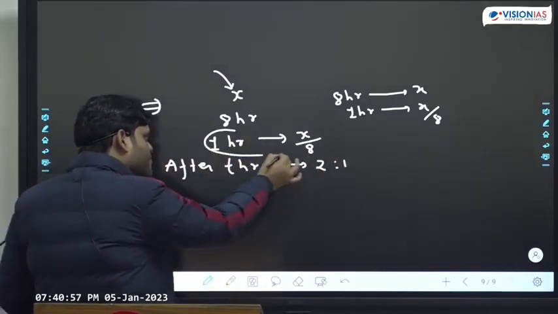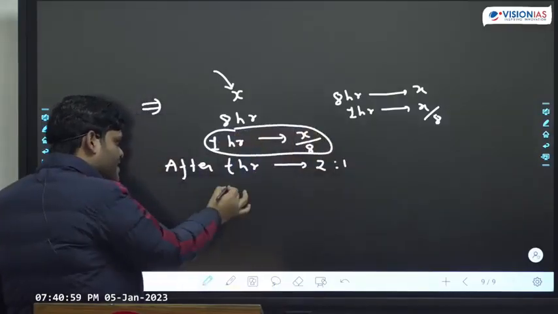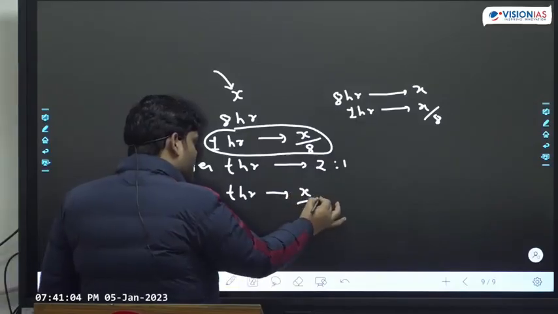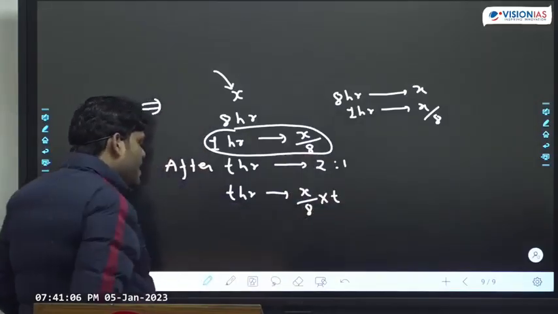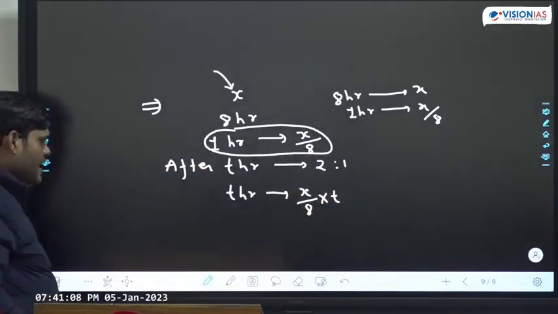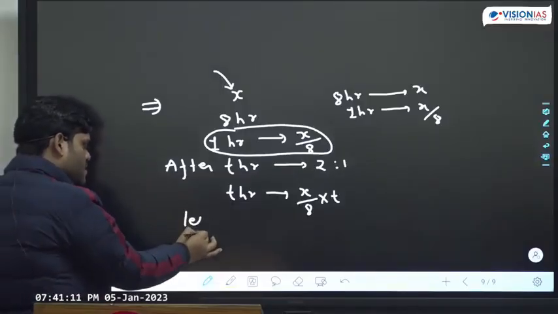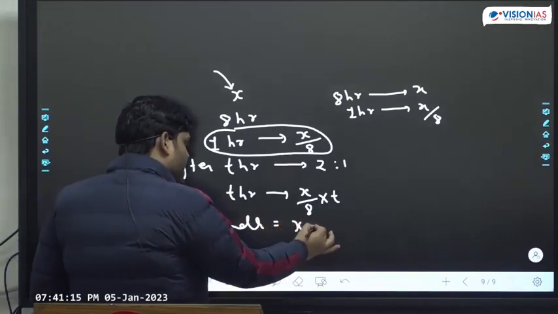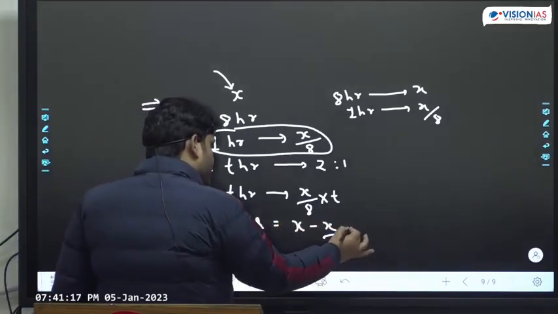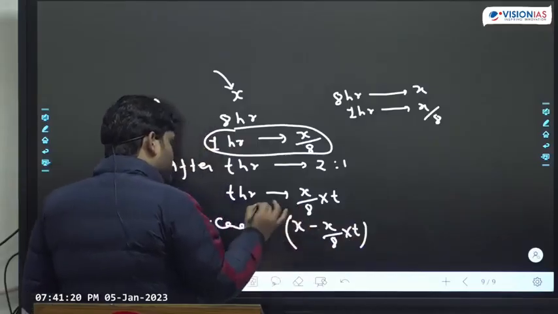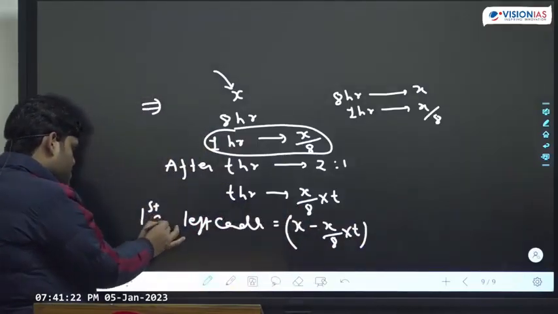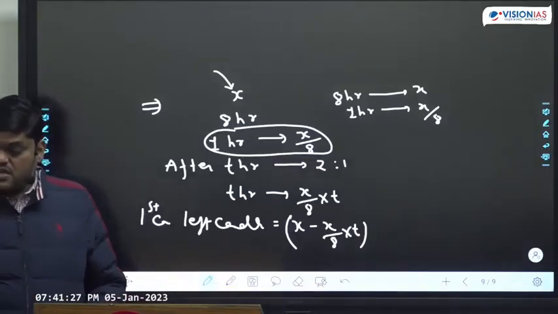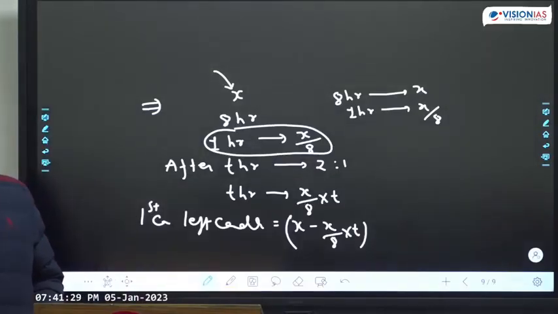In 1 hour X by 8 is consumed, so in T hours, X by 8 into T is consumed. The candle left will be X minus X by 8 into T. This is for the first candle. I'm trying, can we do it with the help of X?